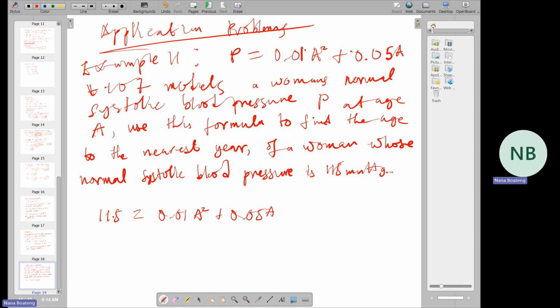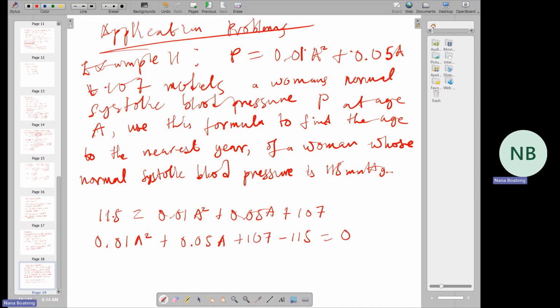All right, so this becomes our quadratic equation, and we can write this in standard form by subtracting 115 on both sides. So we have 0.01 A squared plus 0.05 A plus 107 minus 115.